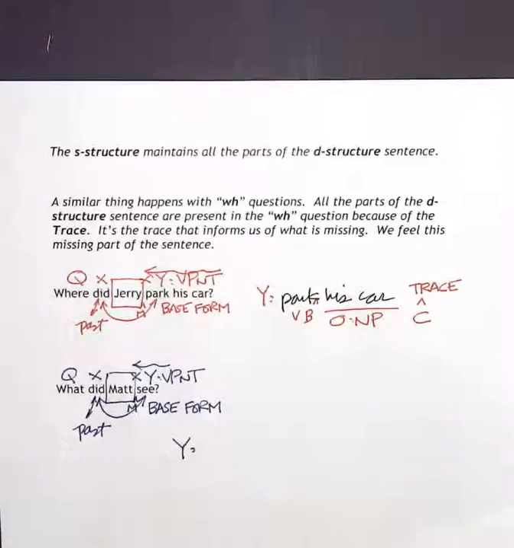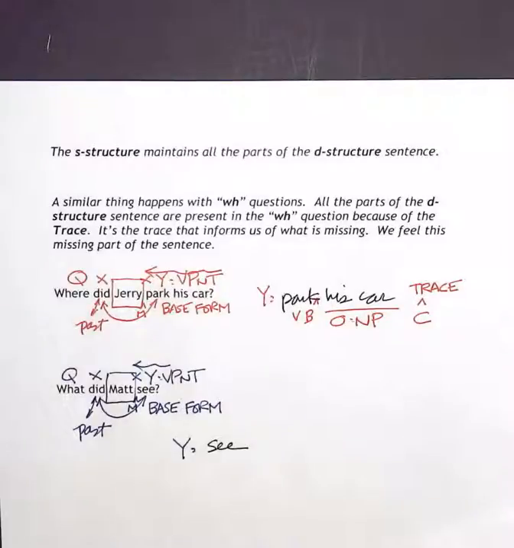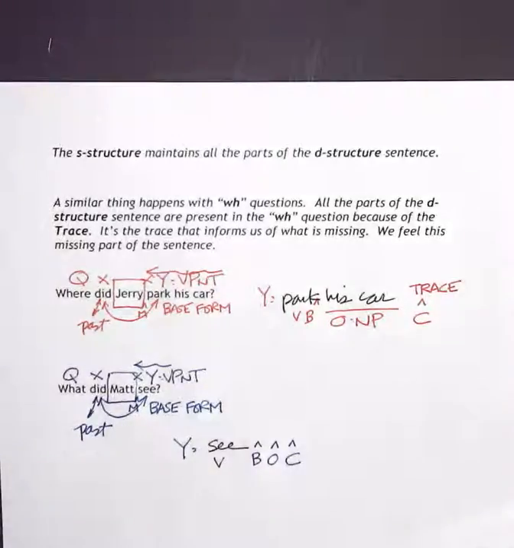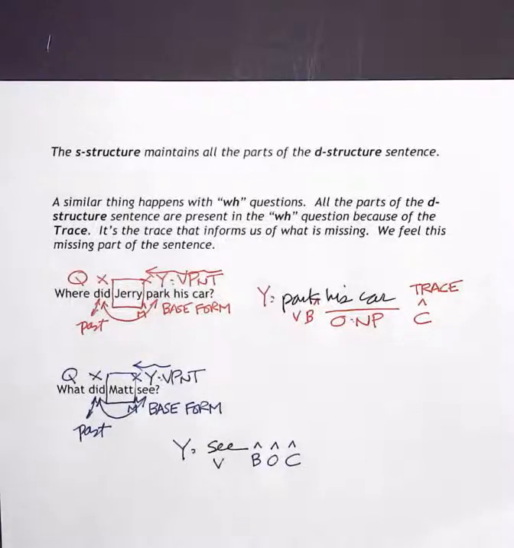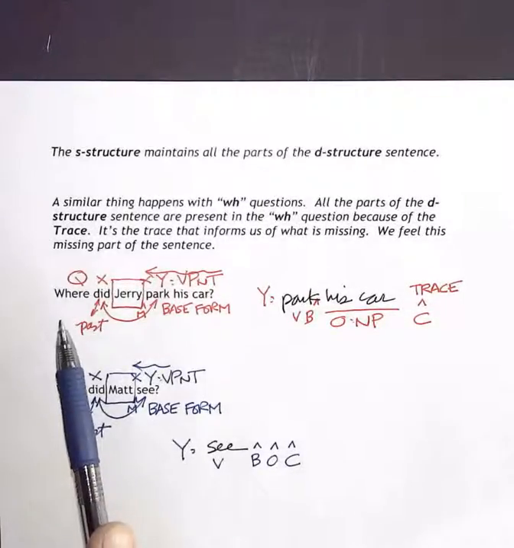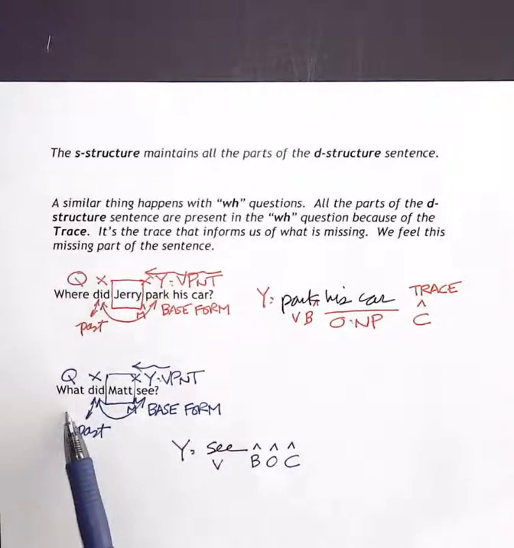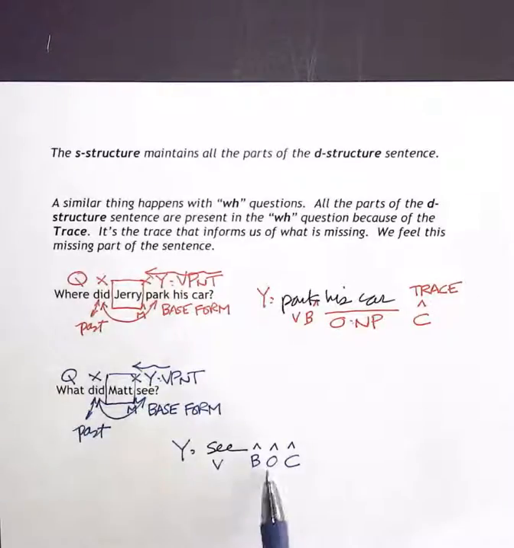Now the Y is see C. That's the verb. The particle, object, and complement places appear to be empty. But just like in the first sentence, where expressed the complement, the trace, what expresses the object.